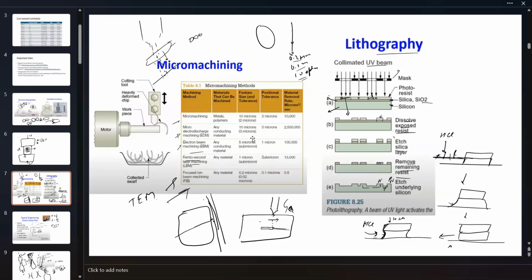So that cuts the sample. Again, you get around 10 micron feature size or tolerance.